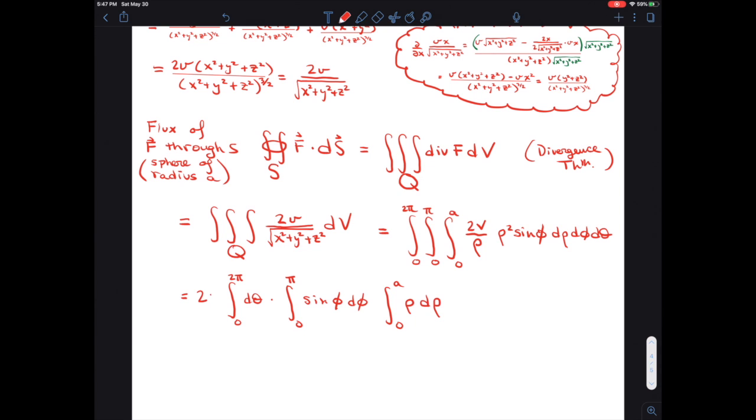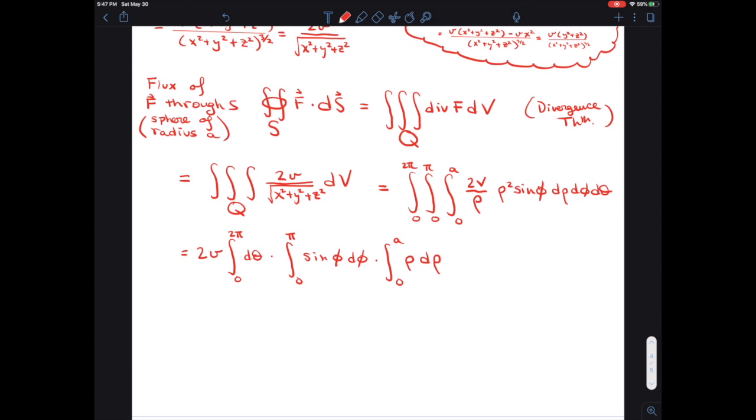And maybe out in front of all of this, we could put the constants, which are 2v, I believe. 2 times the speed of our velocity field. Well, let's see. We've got 2v times the next integral, which will be just 2 pi.